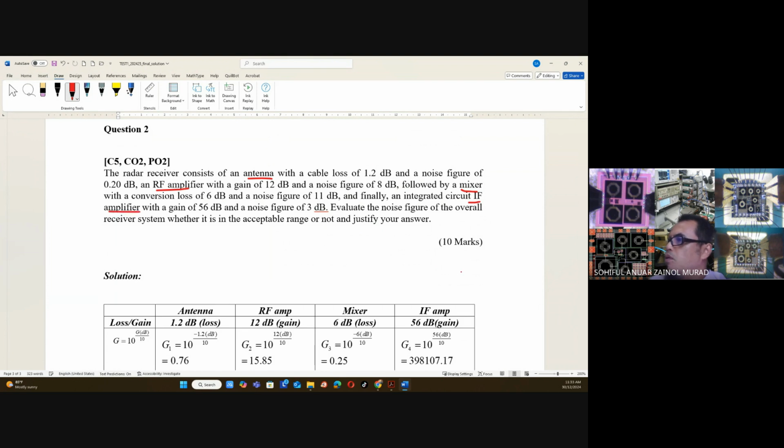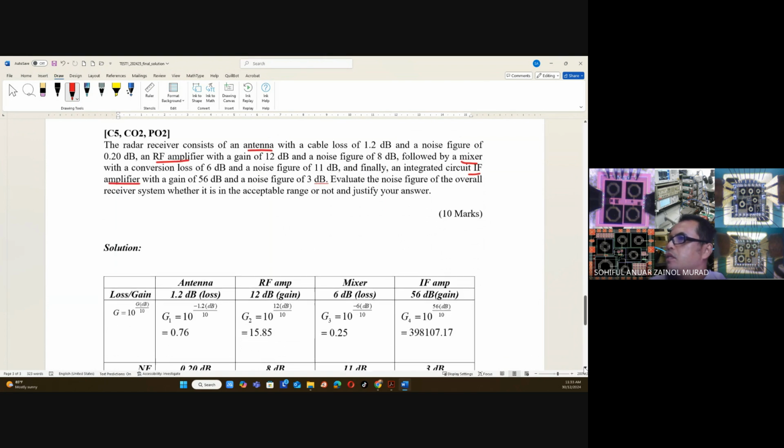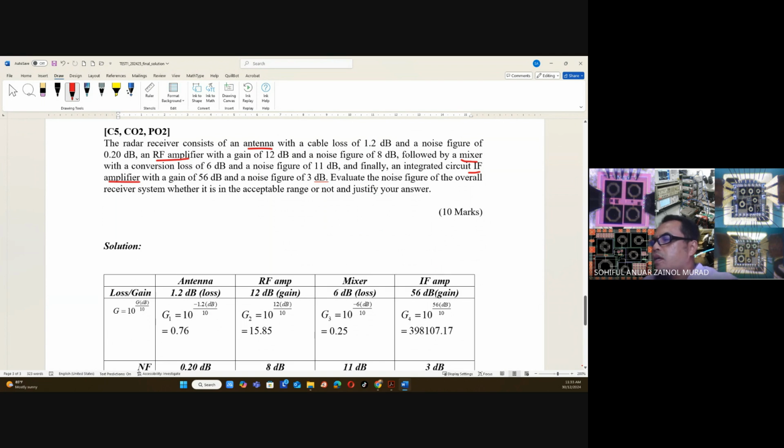So there are four components or four circuits in this radar receiver, and the losses and noise figures are given. The question is to evaluate the noise figure of the overall receiver system, whether it is in an acceptable range or not, and justify your answer.